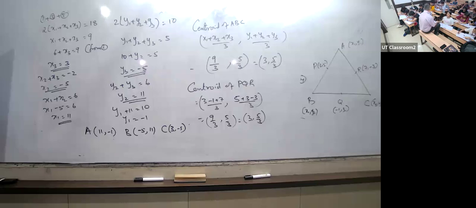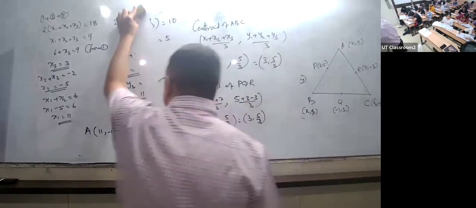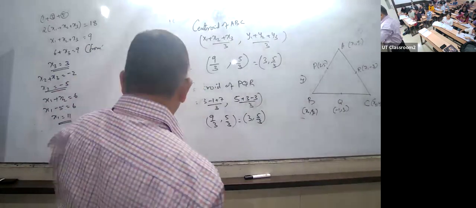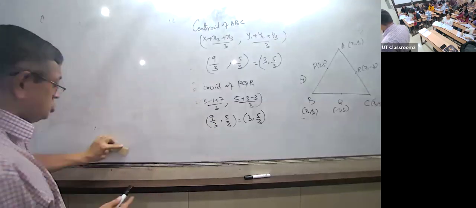And others, what is happening? Write down x1, y1 is 5, 3. x2, y2 is minus 5, 3. Chapter over, still one ratio even you cannot do.